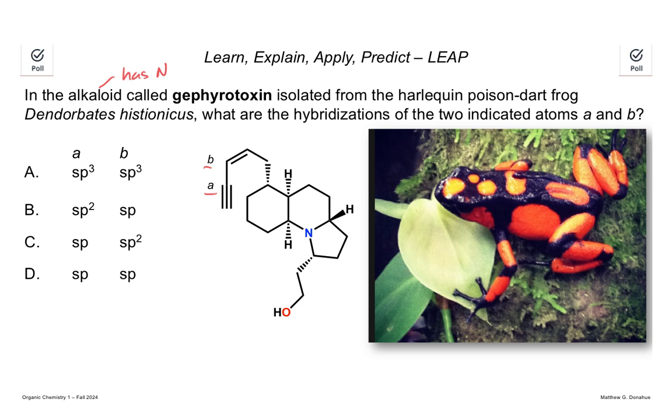So carbons A and B. What is this functional group called? An alkyne. An alkyne has a triple bond. A carbon in an alkyne has what hybridization?